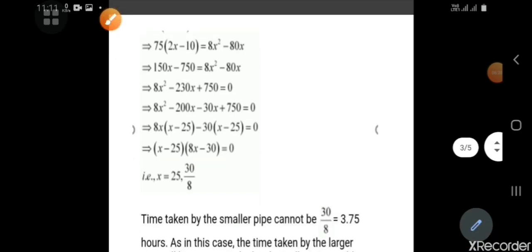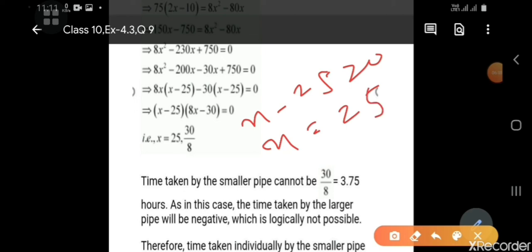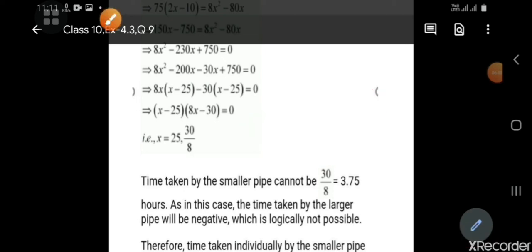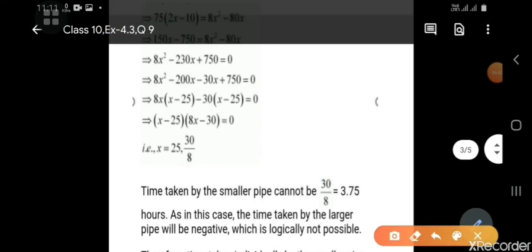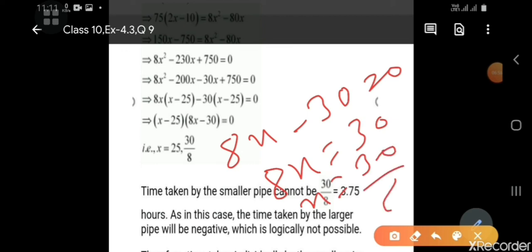So either x minus 25 is equal to 0, then x is equal to 25 hours, or 8x minus 30 is equal to 0. So 8x is equal to 30, x is equal to 30 by 8.